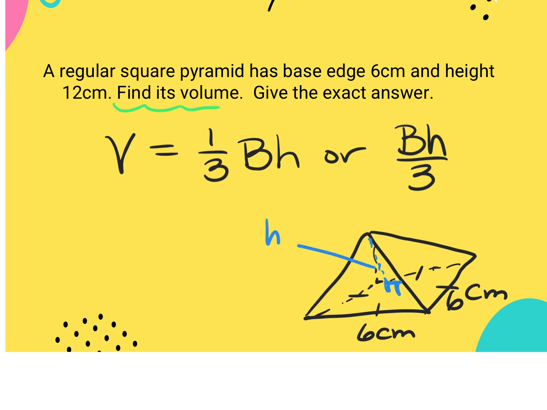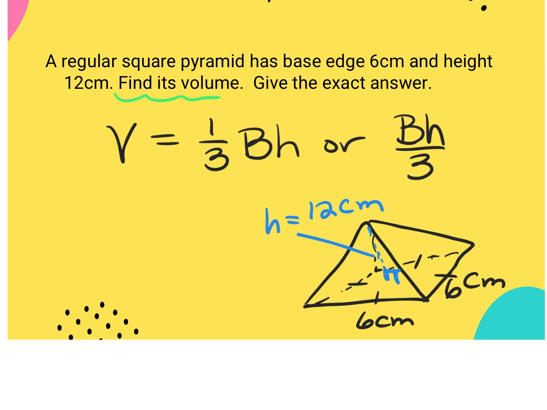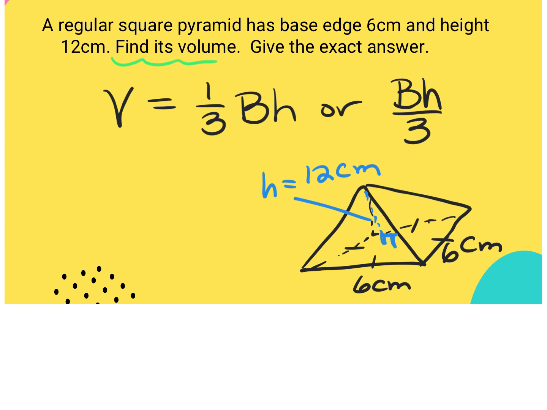So the height, 12 centimeters. So now what I need to do is find the area of this square base. So notice it's a square pyramid. Remember, when you name these solids, the shape of the base names it. So this is my base.